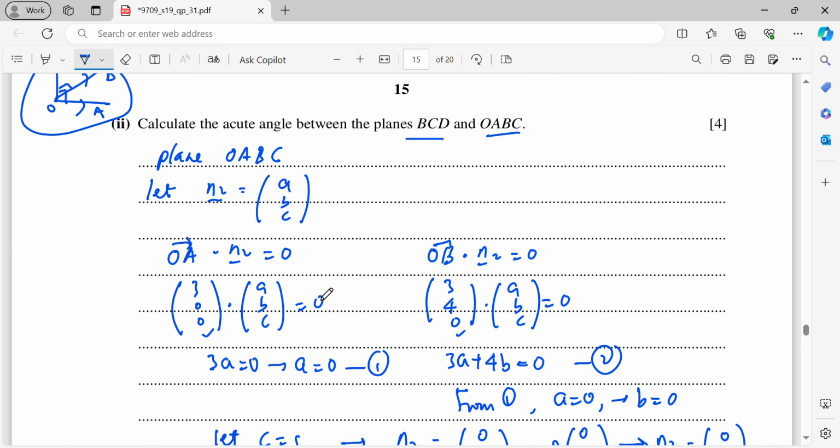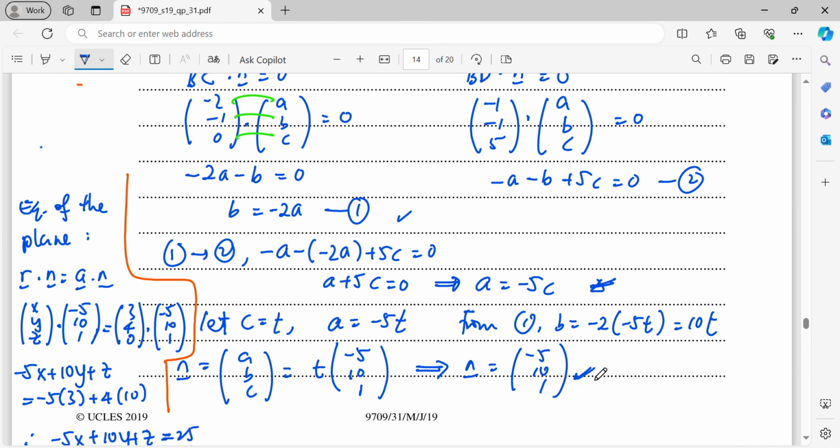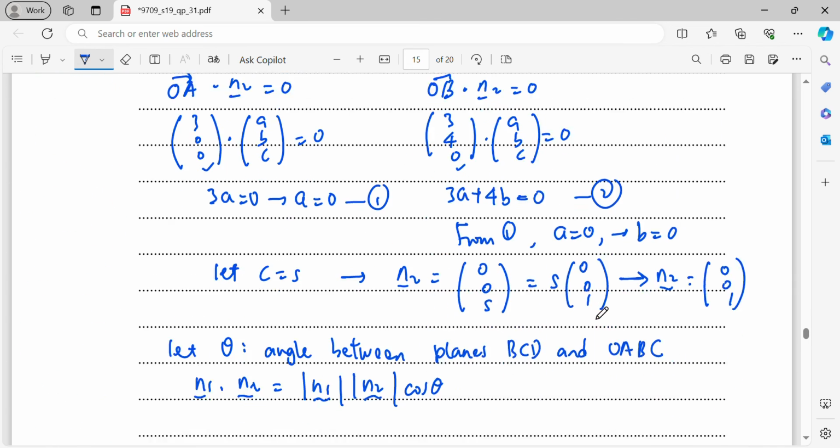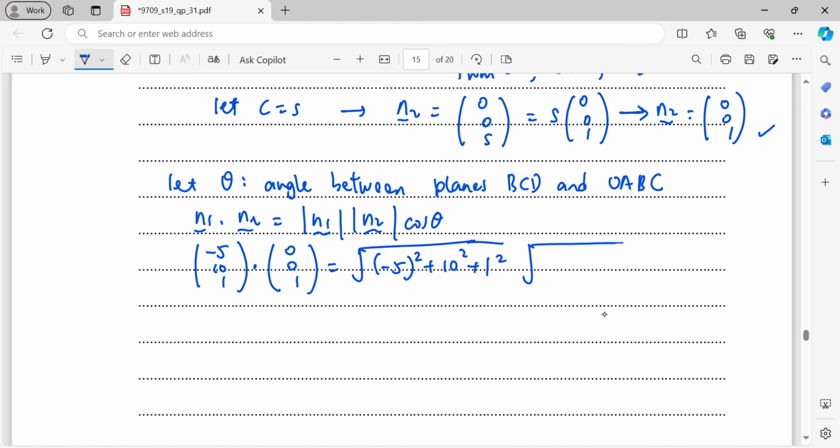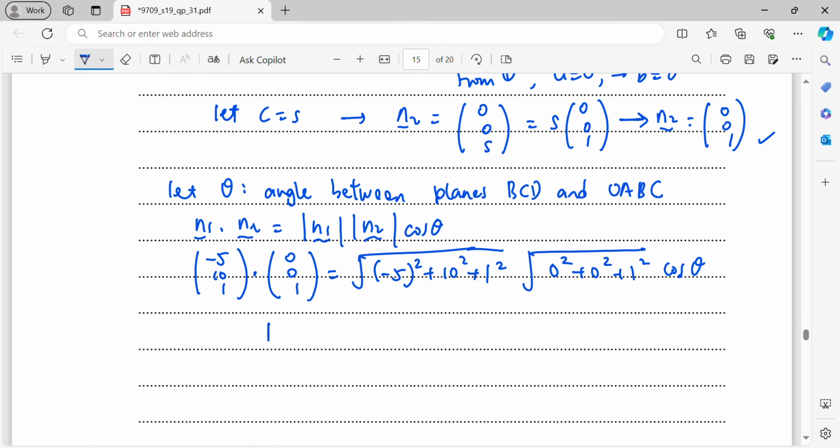The n1 from the previous question is (minus 5, 10, 1), dotted with the n2 we have just found, (0, 0, 1). The magnitude is the square root of the sum of the squares of each component.